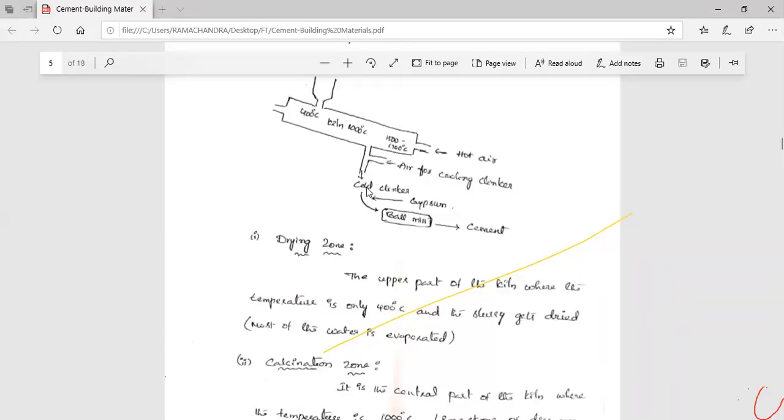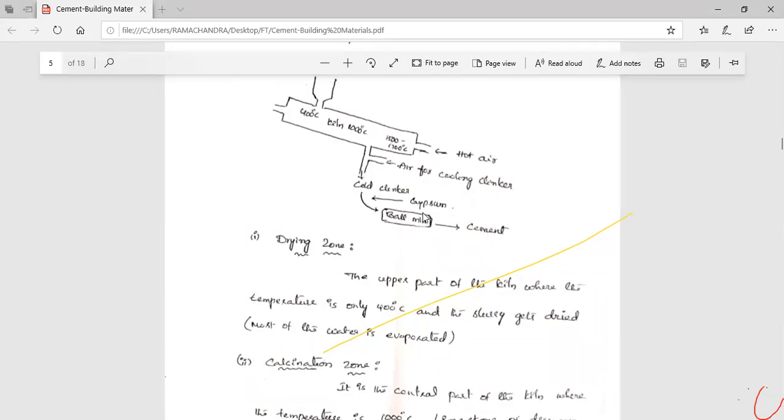Finally we get cold clinker. To this cold clinker we add 1 to 2% of gypsum, and it passes to the ball mill. The ball mill mixes them, and after uniform mixing of gypsum with the clinker, we get the cement.